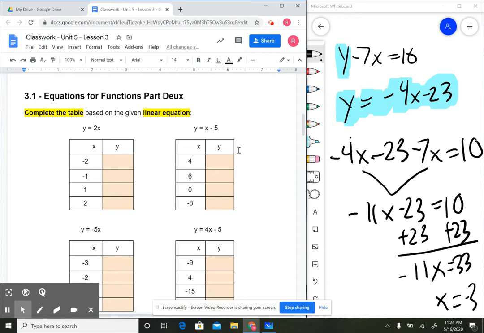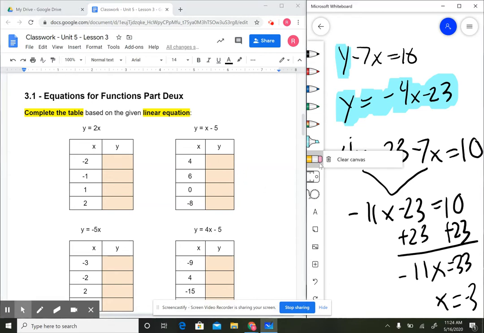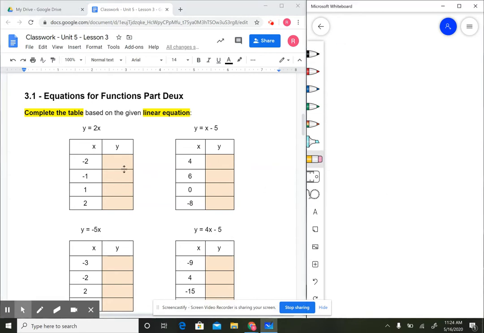Complete the table based on the linear equation. So this really means that y is equal to 2x, right? We're going to replace the x with the input that we're looking for to find the y.